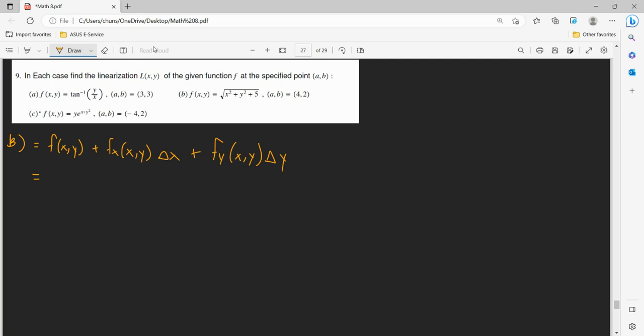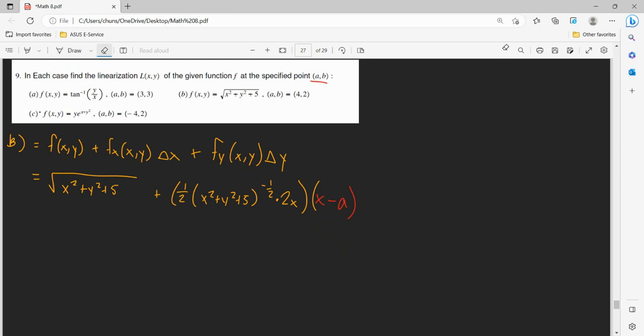So it's our regular function, and this is going to be plus our new ones. This is chain rule, so that's 1 over 2 times x squared plus y squared plus 5 to the power of negative 1 over 2 times, and this is just with x, so this is 2x times our delta x, which I'm going to write in red, which is going to be our x variable minus our specified point a.